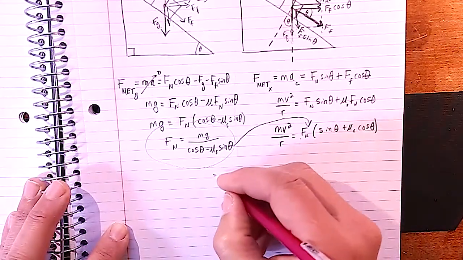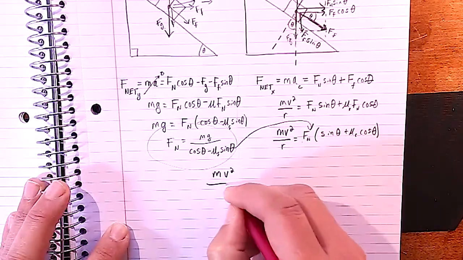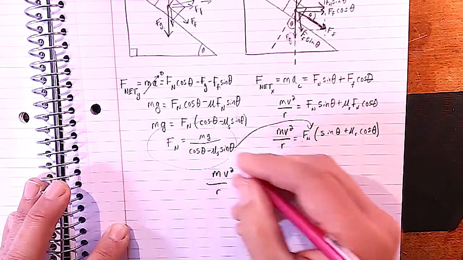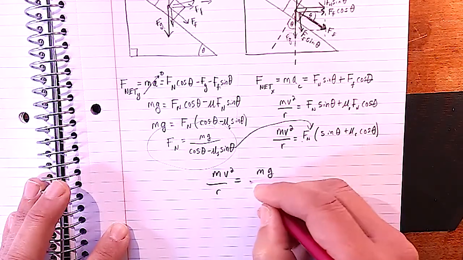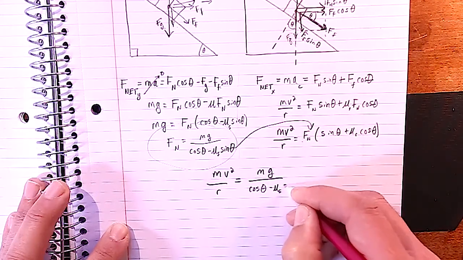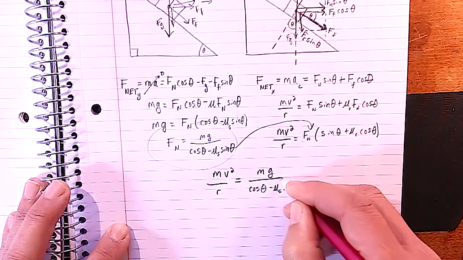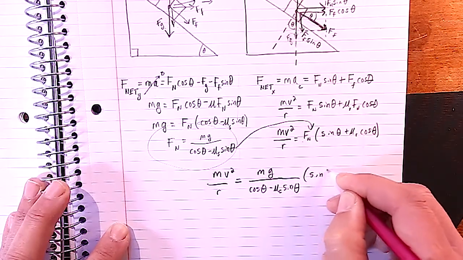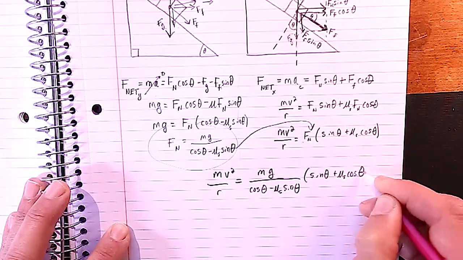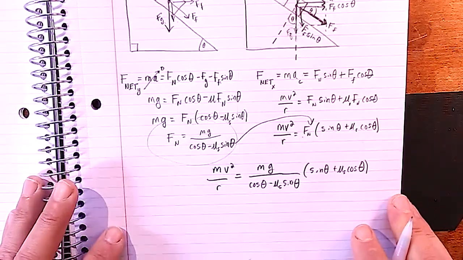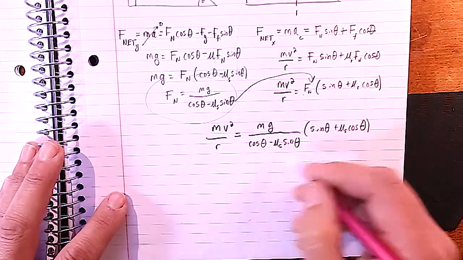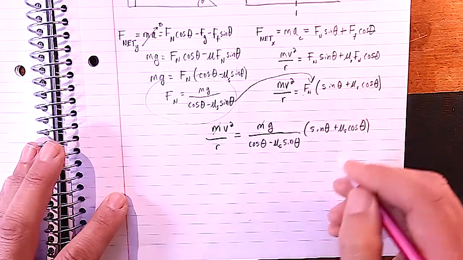So that gives us mv squared over r equals, and then subbing in we have mg over cos theta minus mu s sine theta, all times sine theta plus mu s cosine theta. And I'm going to do this next step all at once here. So we have an m on both sides, so those go away.